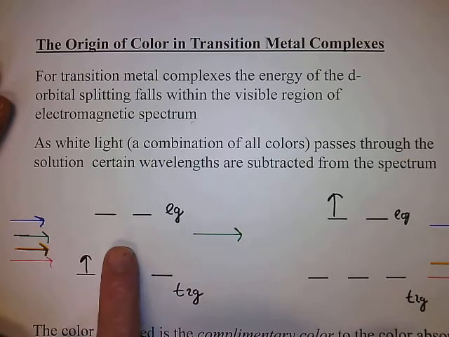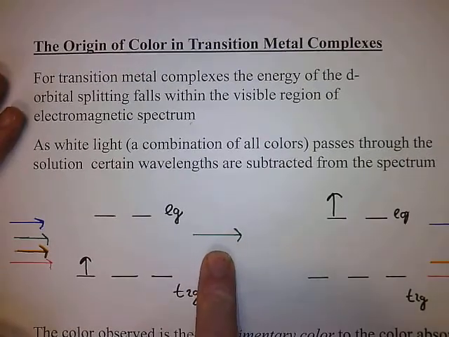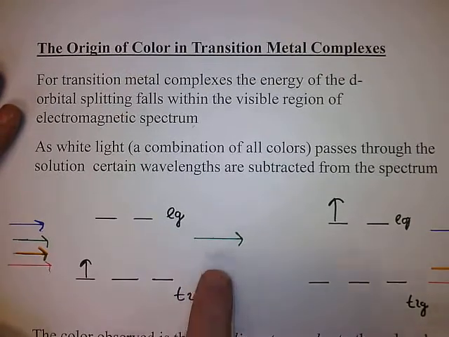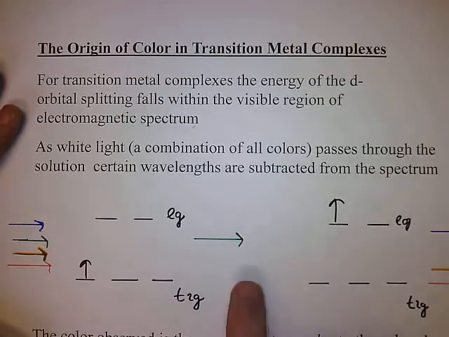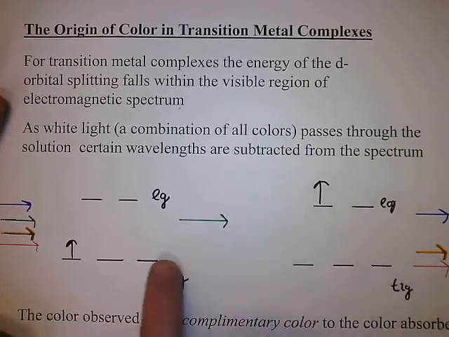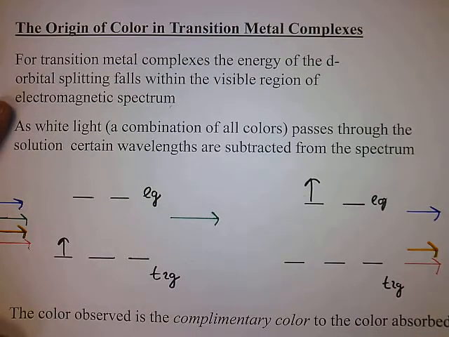Okay, so what happens is that white light passes through, and the green light gets absorbed by the compound, and the energy is used to promote an electron from this T2g to the Eg. So after the light passes through, the green component is missing. The green component has been absorbed by the solution.